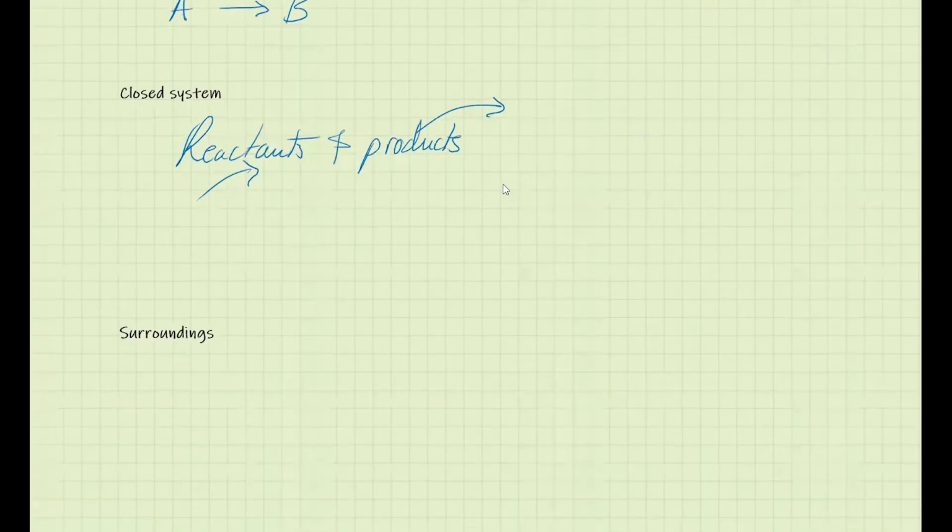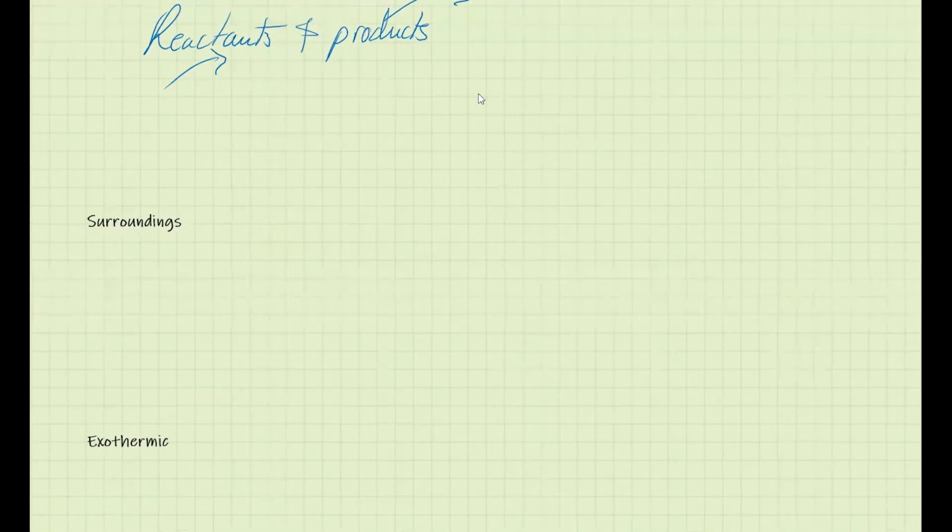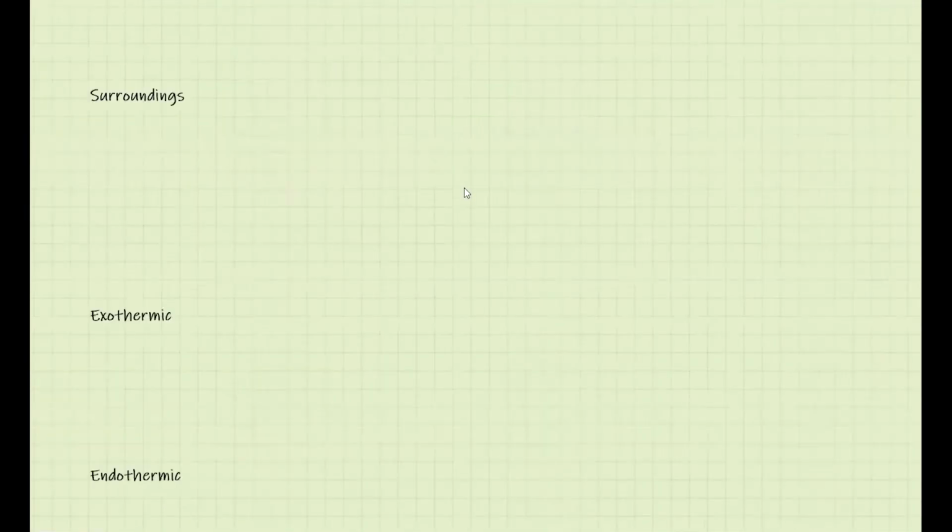Surroundings. Now, in regards to surroundings, really quite simple. It is anything but the actual reactants and products. So this is where we start to include the beaker, so the container that the reaction is taking place in, the thermometer, the air, stirring rod, the table.